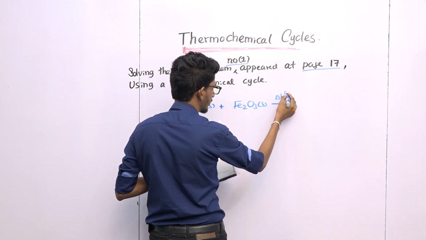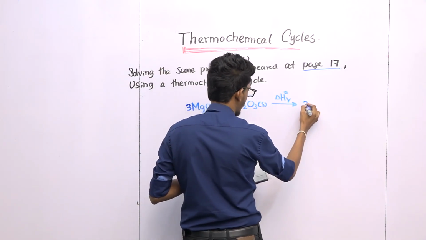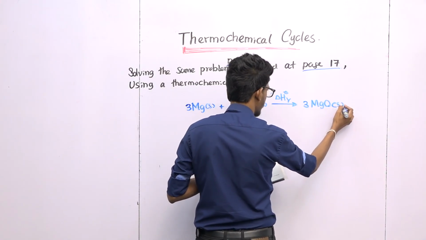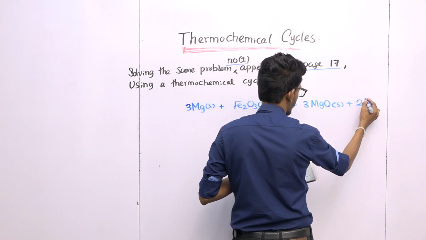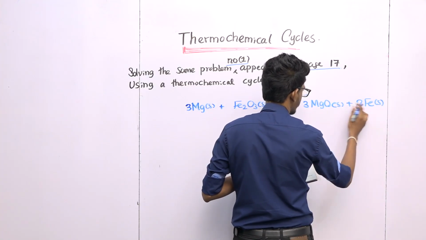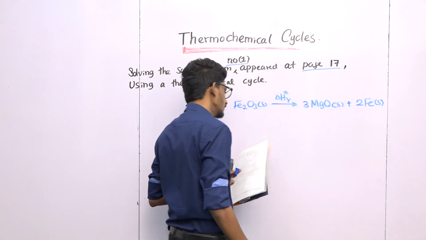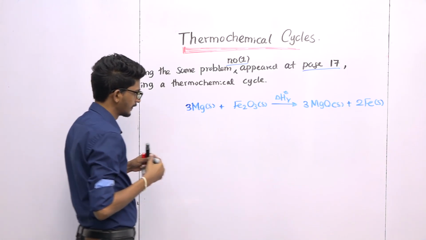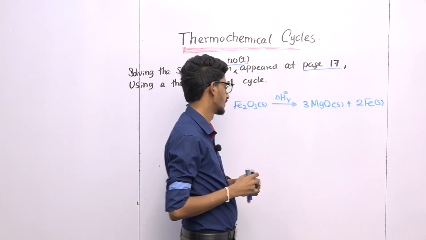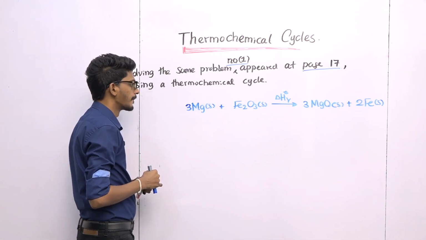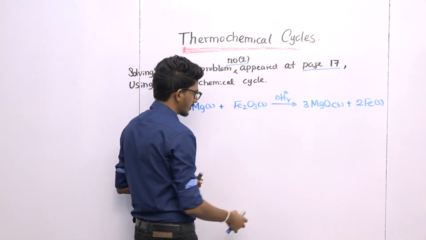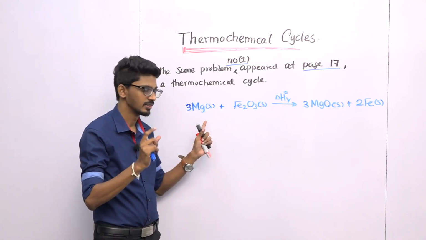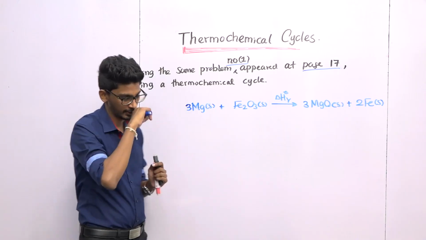They are asking the delta H naught R of this thing, and 3 of magnesium oxide solid as well as 2 of Fe solid would appear here. So we are supposed to solve for this thing. So first write the thermochemical reaction relevant to the question they are asking. That is the first step in constructing a thermochemical cycle, right?